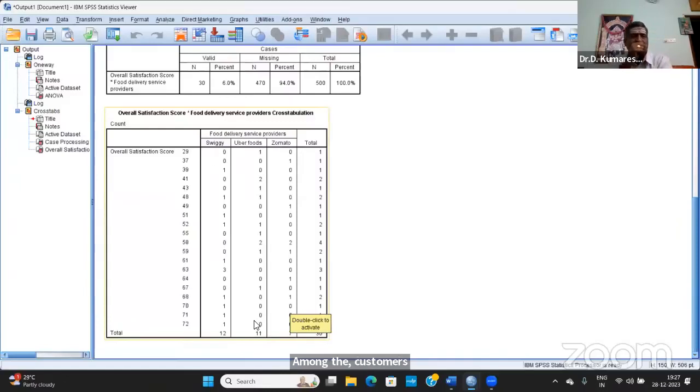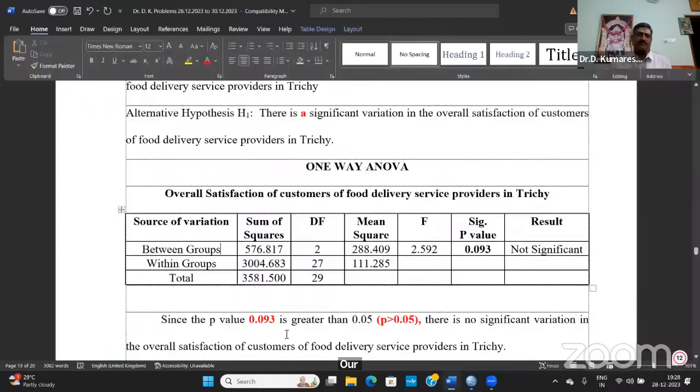If the variance of three groups are compared, variation between Swiggy customers, Uber Foods customers, and Zomato customers are compared, it is said to be between groups.